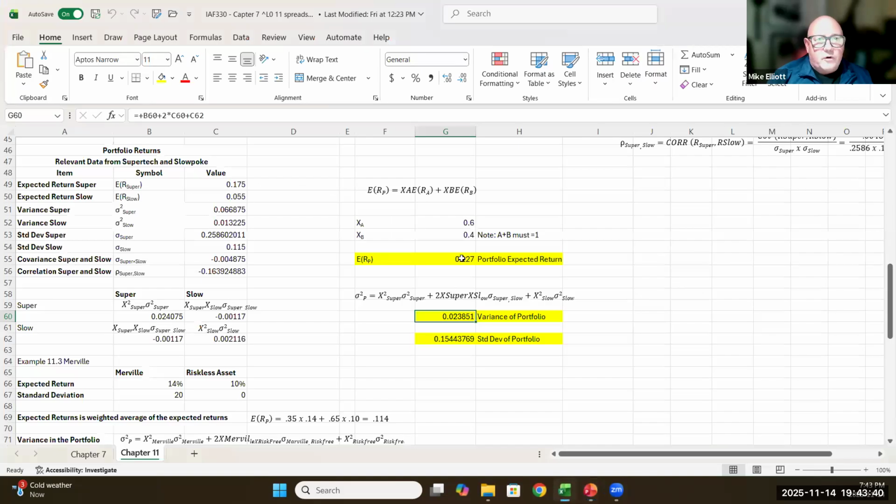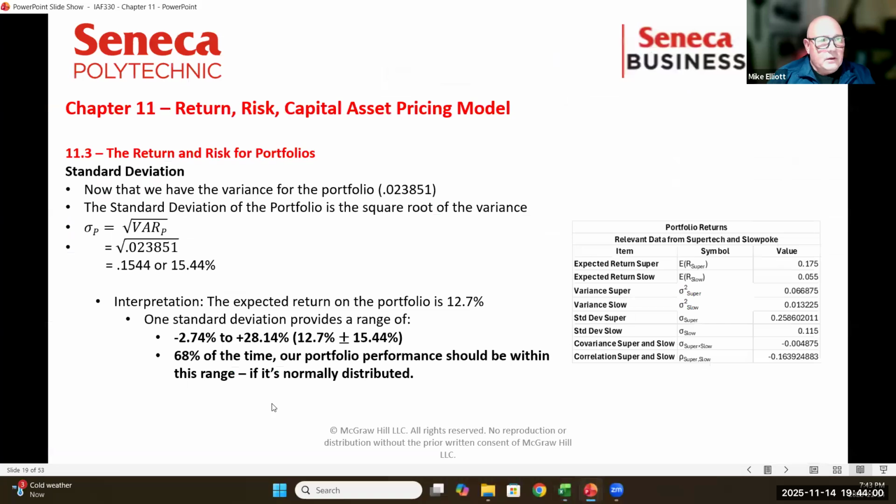What does this tell us? When we calculated the portfolio expected return, we got 12.7%. And that was 60% of 17.5 and 40% of 5.5. Once we get the standard deviation of the portfolio as well, now we can say within one standard deviation, 68% of the time, our portfolio should be 12.7%, which is our expected return, plus or minus 15.44%.